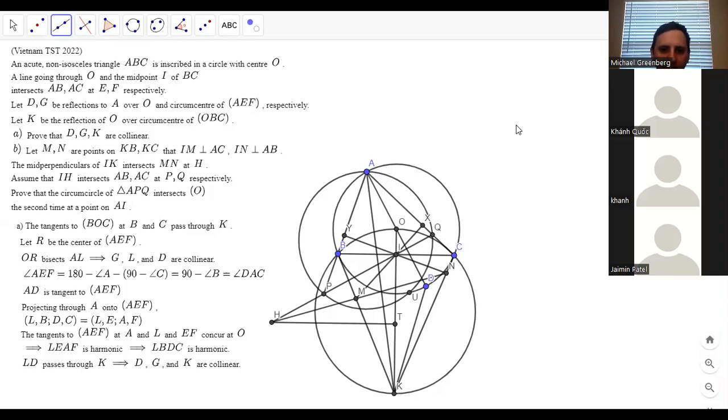All right. Okay, so we want to show IH is perpendicular to AB.